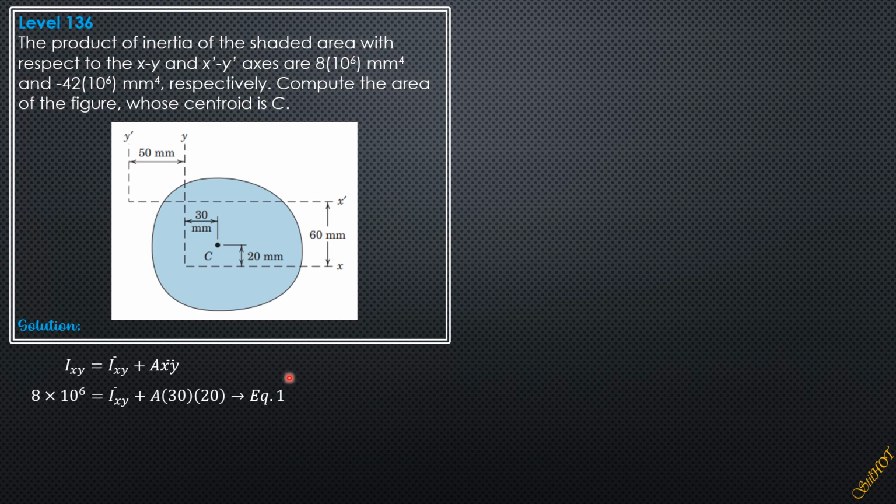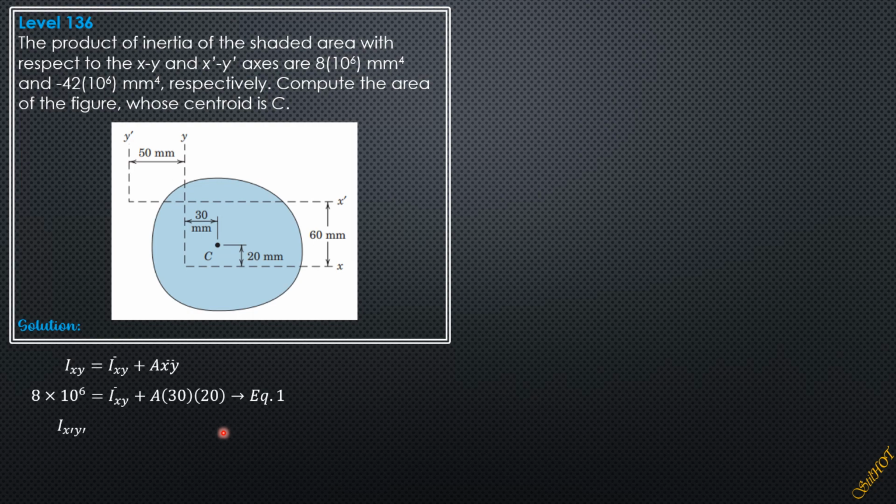And with respect to the x prime, y prime axes, this point is located positive 50 plus 30 to the right, and this point is 60 minus 20, 40 mm below, so it's negative 40 for bar y prime.